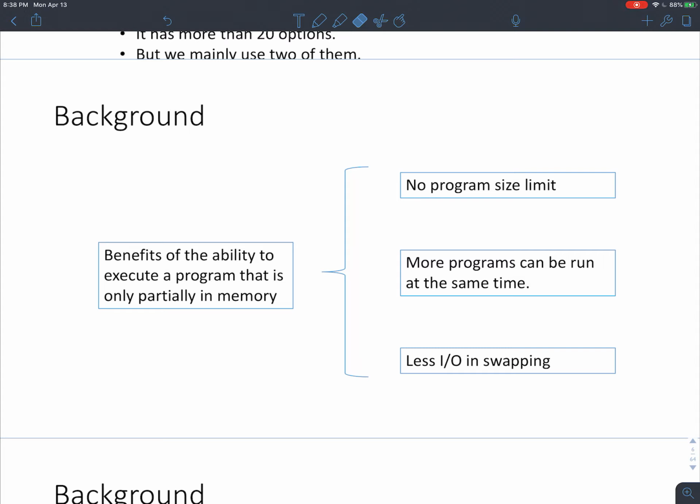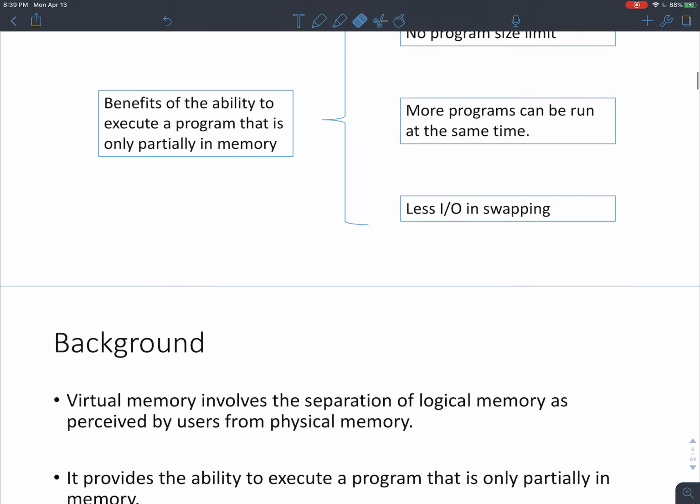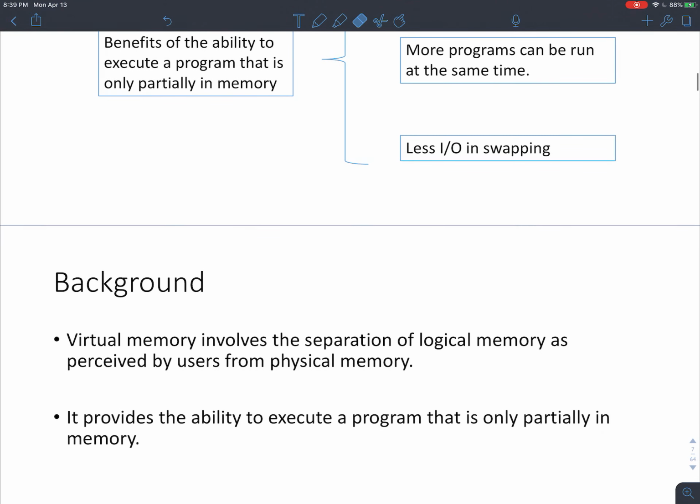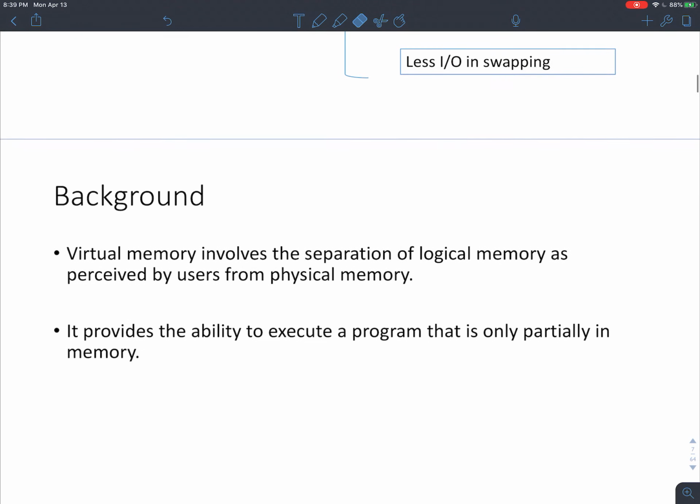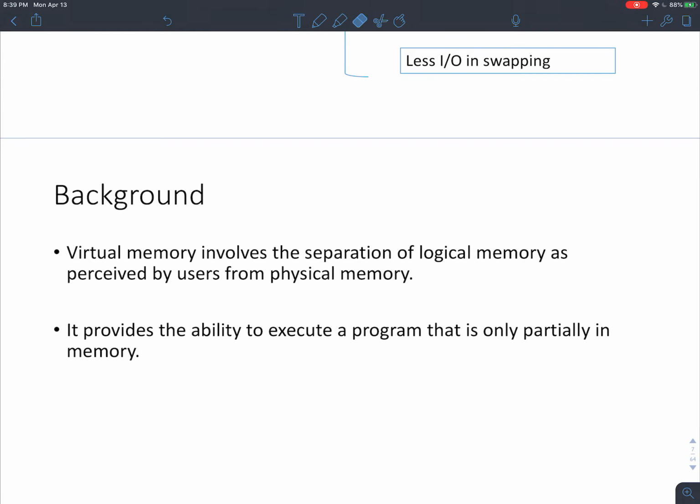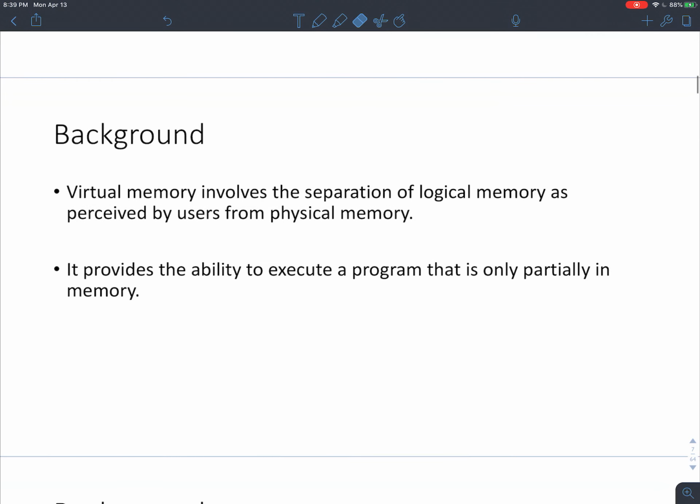Also, if we are only given a relatively small physical memory, we can load parts of multiple processes into the physical memory, so that we get multi-programming. If you remember what multi-programming is, it saves us the I/O time, which definitely improves the efficiency of the execution.